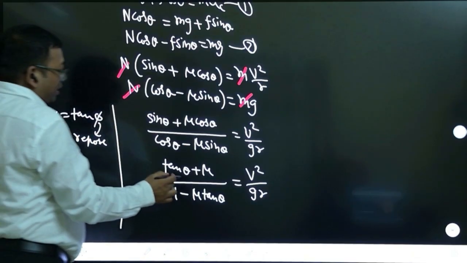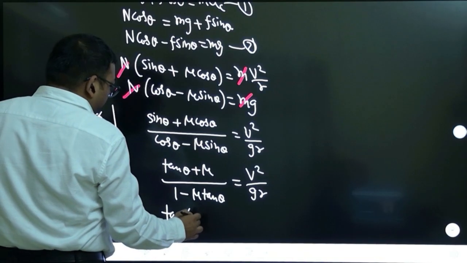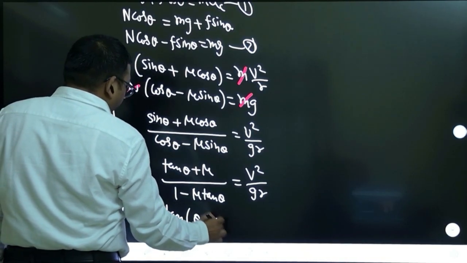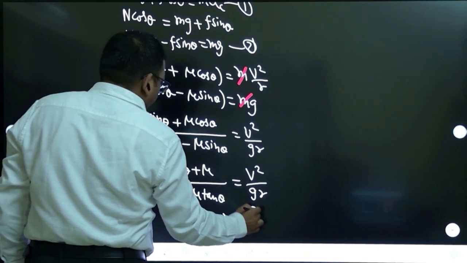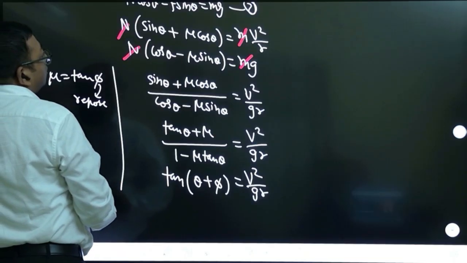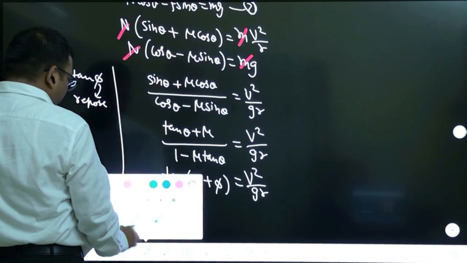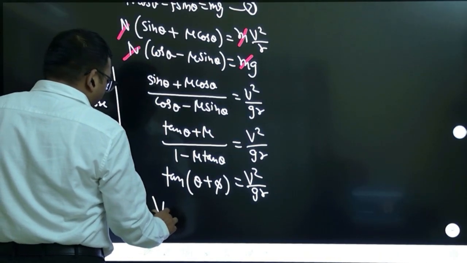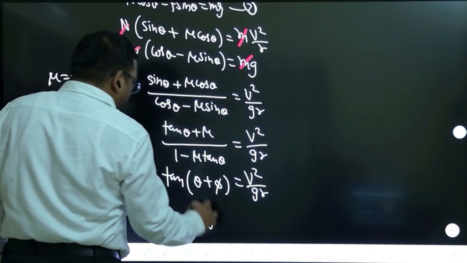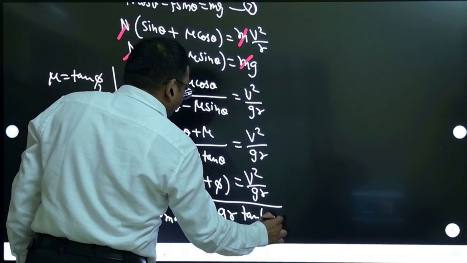So this becomes (tan A plus tan B) over (1 minus tan A tan B). So this becomes tan of (theta plus phi). So that is v square by gr. Correct? This is the maximum speed. Remember, this is the maximum speed. So v maximum we will calculate from here: root under gr tan of (theta plus phi).